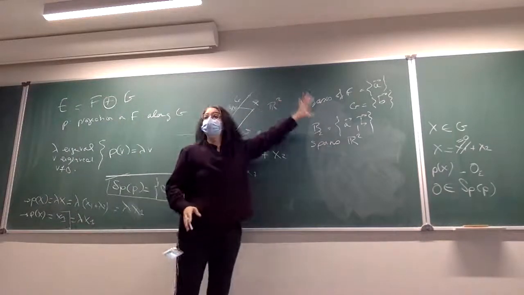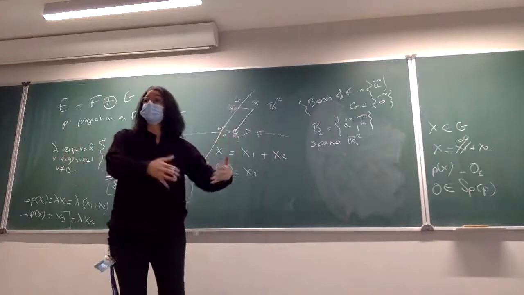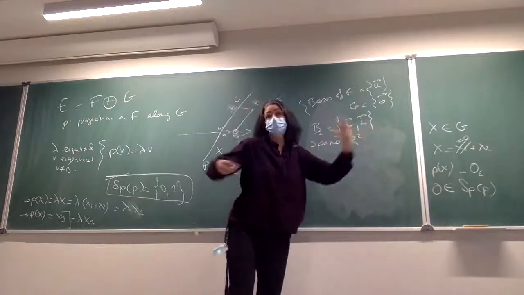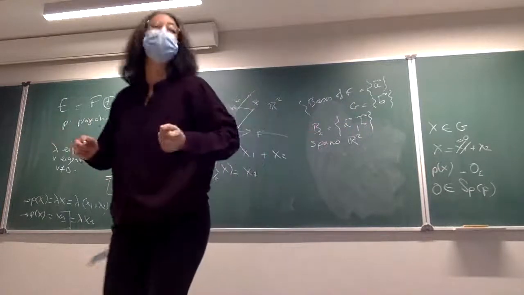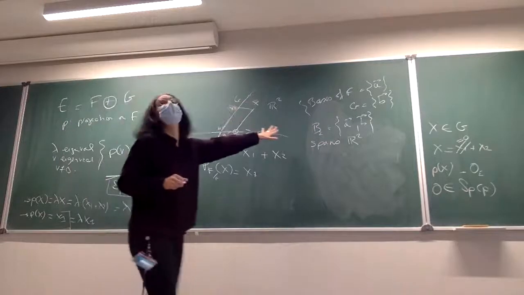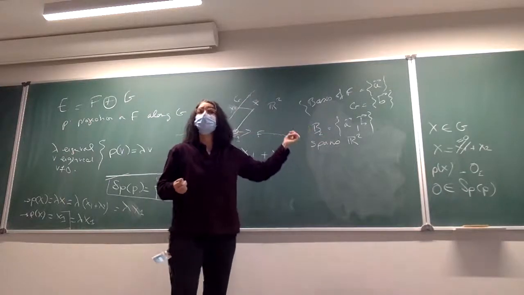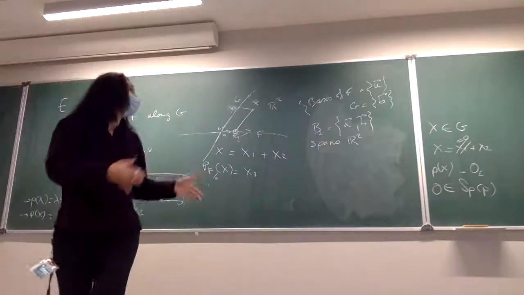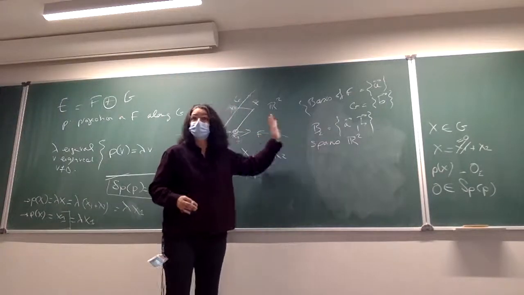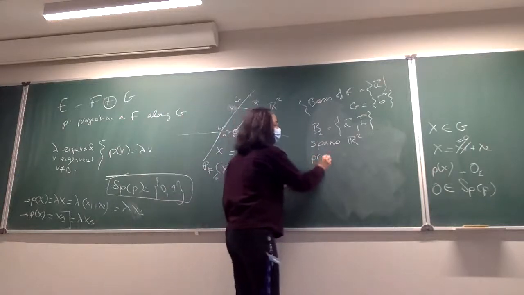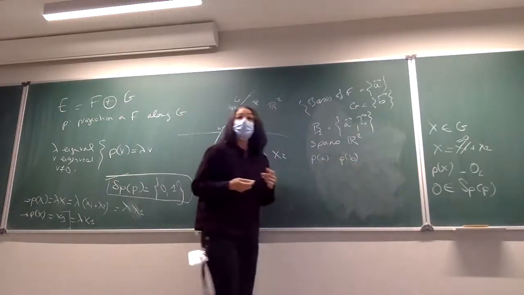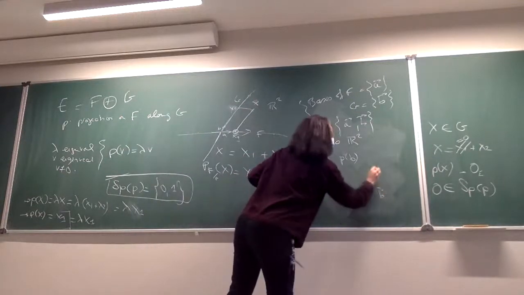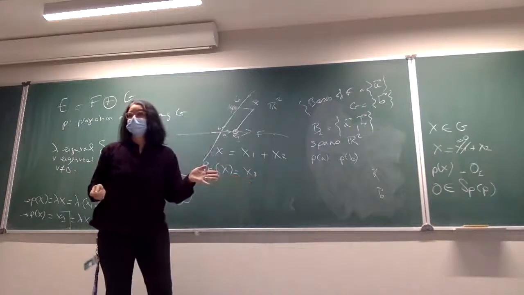Even if I've got more vectors in each, if I've got more dimensions, the idea is that if I take a basis of the first one and after it a basis of the second one, I've got a basis of my whole space. So here I'm going to have R2. If I want to make the matrix of my projection in that adapted basis, you know that I have to write in columns the images of my vectors, expressed in that basis, right?